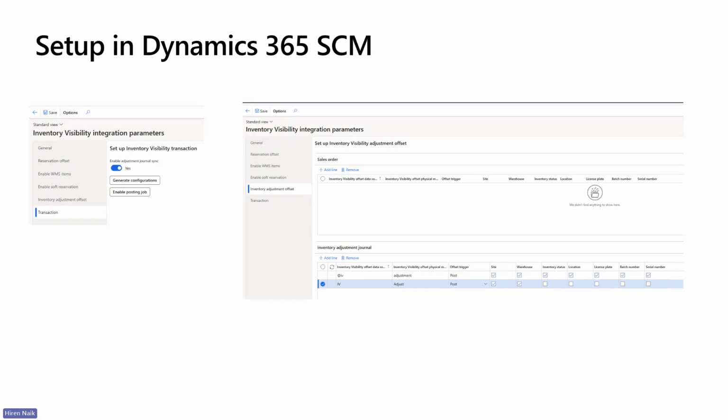For that reason, we have introduced two new batch jobs, and they will also be automatically created and scheduled for you. So you just go through these configurations by clicking on these buttons.